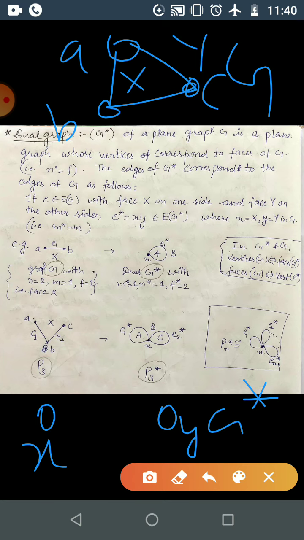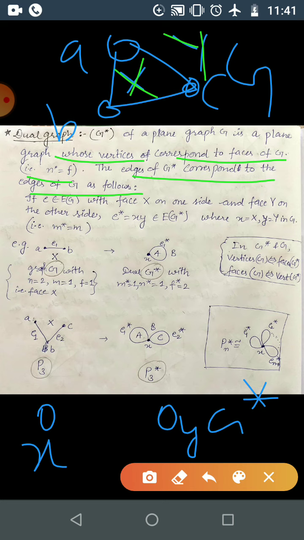Whenever an edge has two sides, one side is Y and the other side is X. So the vertices correspond to the faces of G, and the number of faces of G will be equal to the number of vertices of G star, that is, the dual.